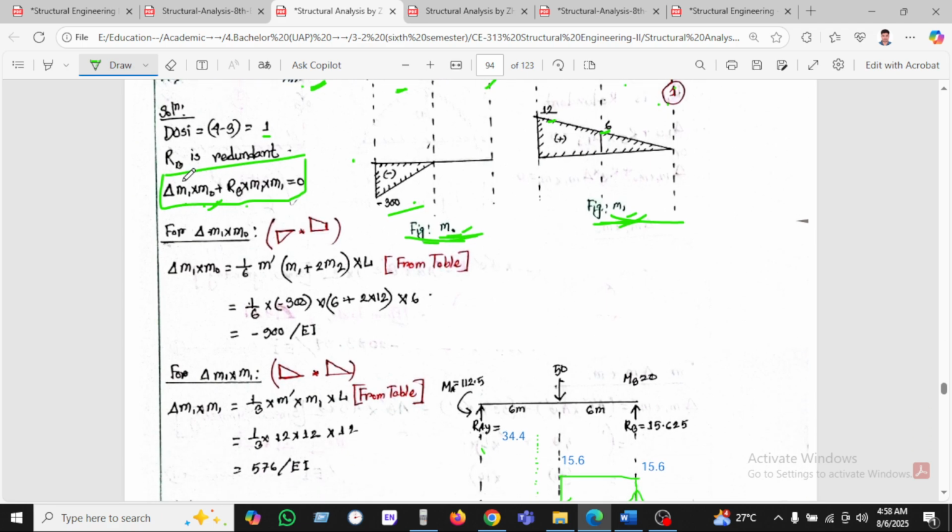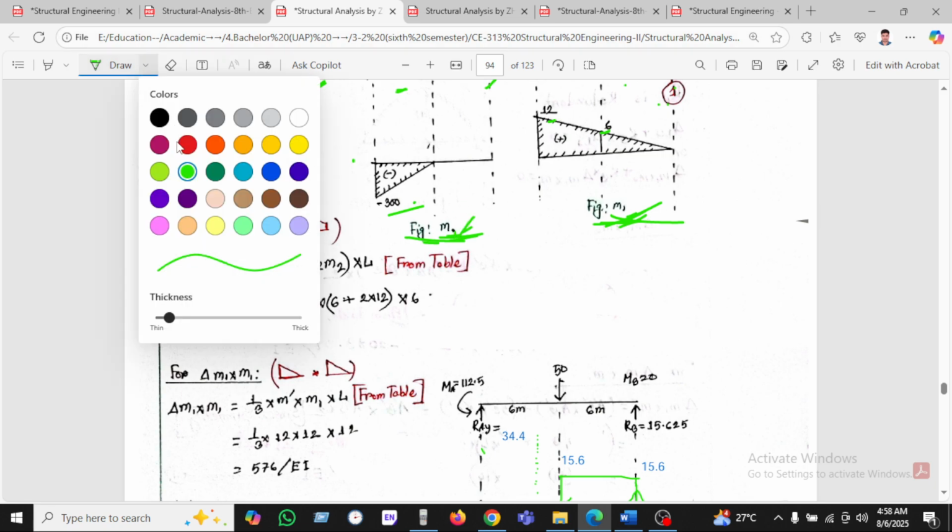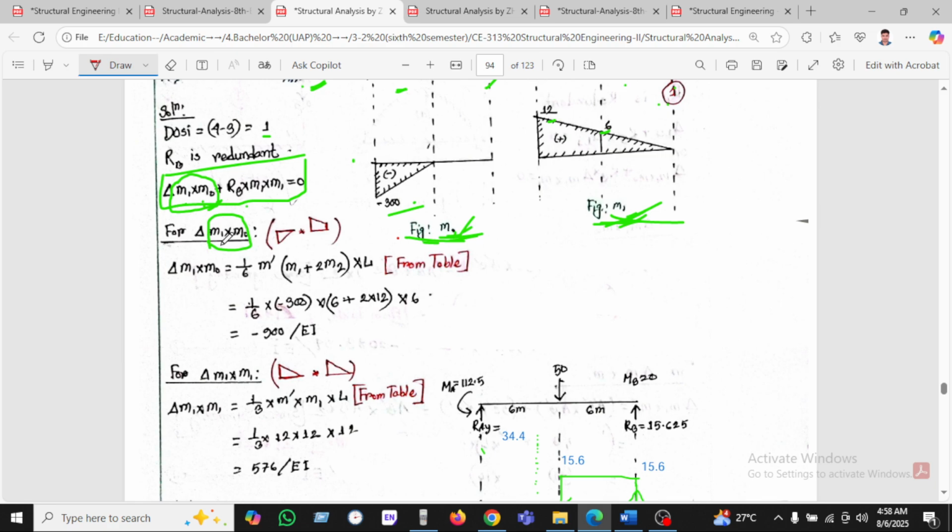Now for the equation, we will find M1 into M0. This is M1, and this is M0. I'm just changing color here. So first of all, I will make it M1 into M0.